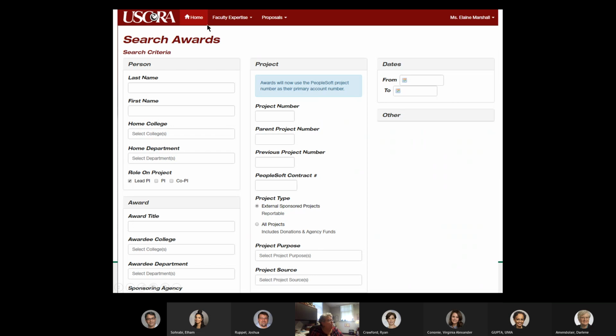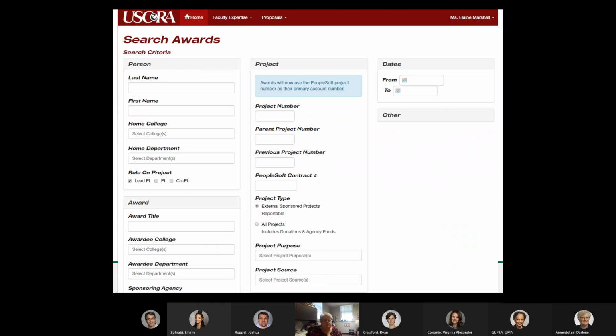You can also search awards within USERRA. That's how I pulled the information that was in that chart at the beginning about the different award totals for Upstate versus Beaufort and Aiken. So I ran that through USERRA, but this will allow you to search any awards within the university you can get some information about.